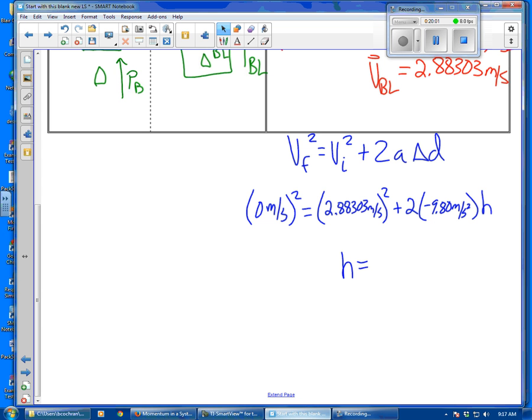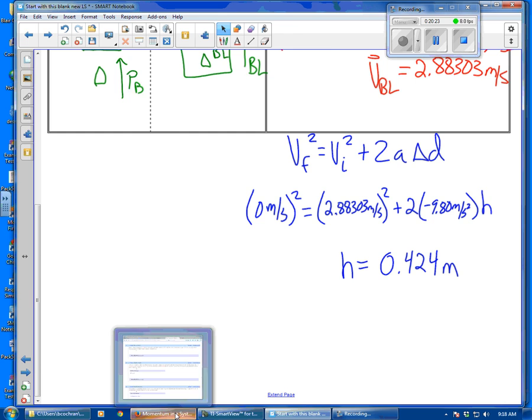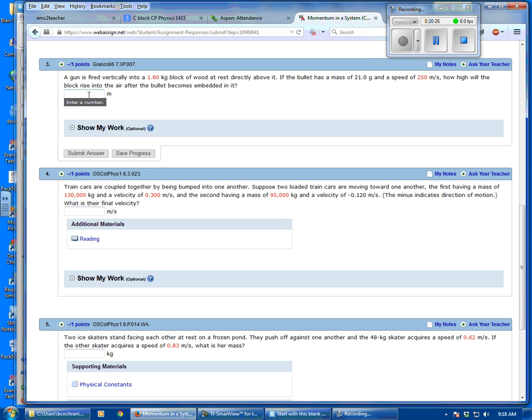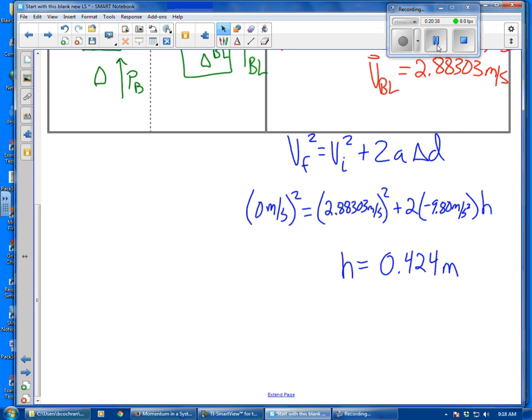Divided by... I got 0.424 meters. Yay. Be careful, don't drop the square.